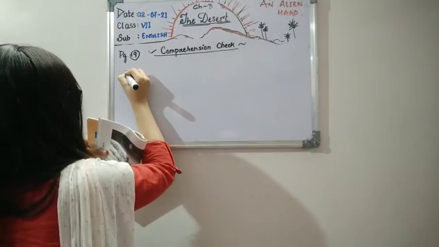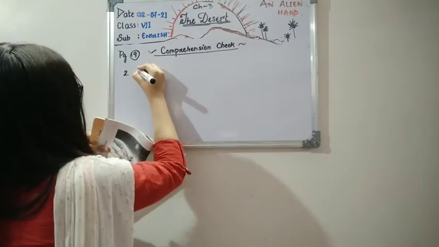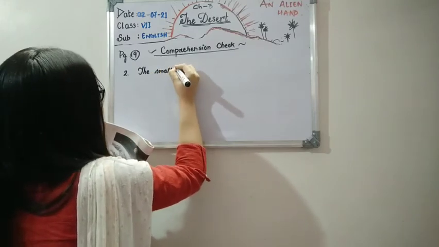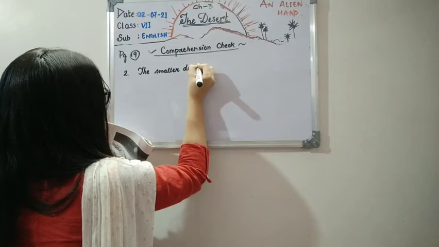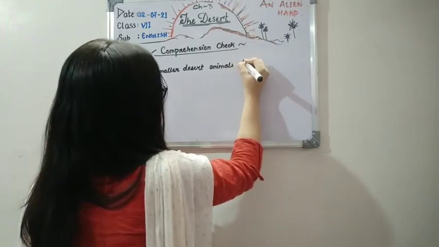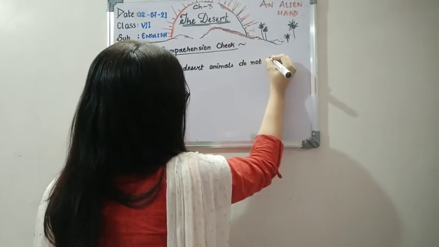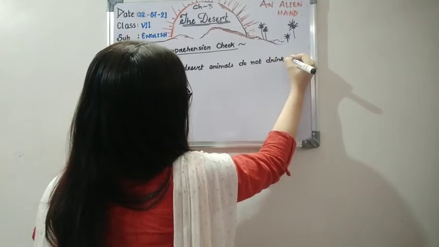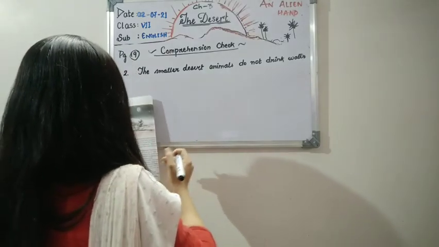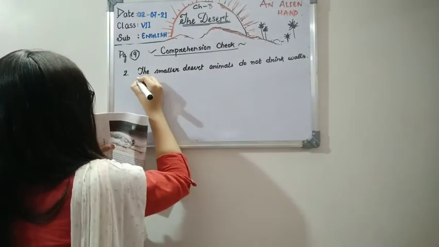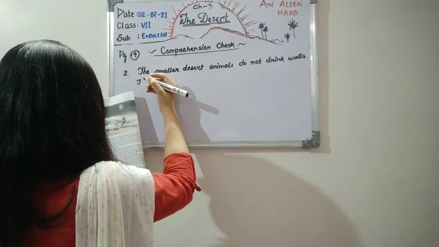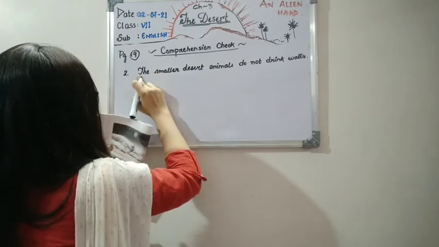Number 2. The smaller desert animals do not drink water. They burrow underground during the hot day. Okay, so we don't need to write this part.